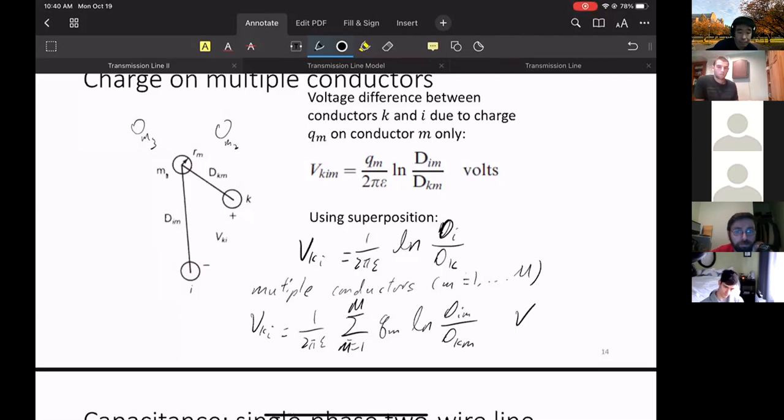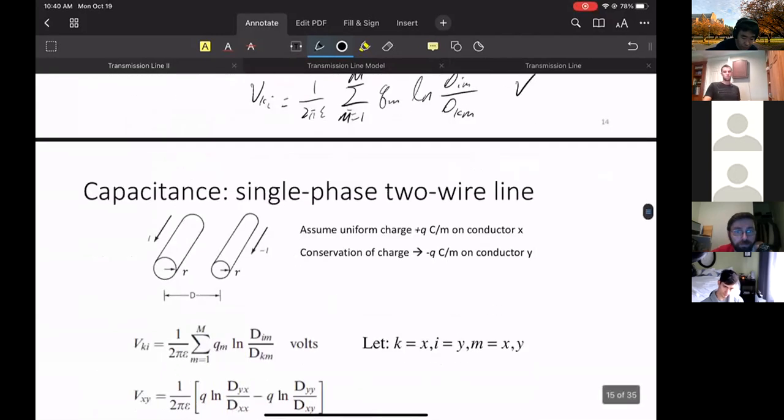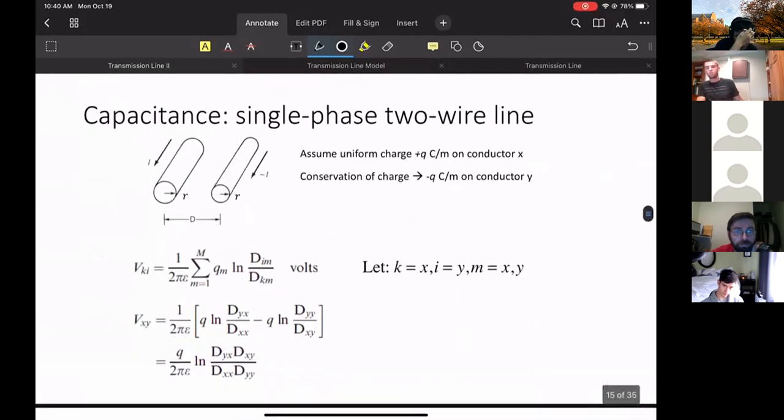Okay, so let's look at an example. Let's do a calculation for a single-phase two-wire system. So we're carrying current on one conductor and return current on the other conductor. I want to figure out the voltage.